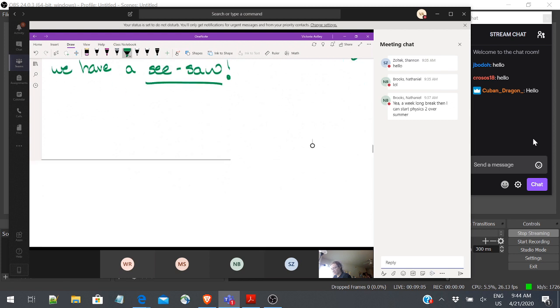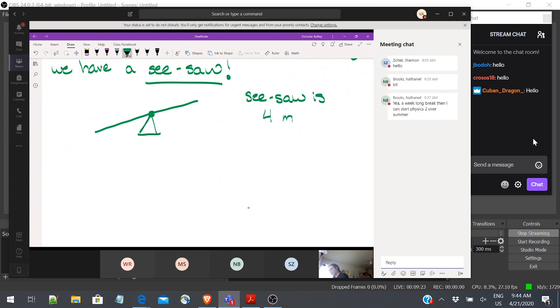Some high quality examples here. So we have our fulcrum. We'll say the seesaw is 4 meters long total.